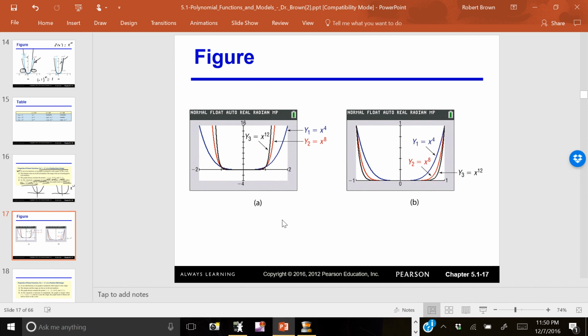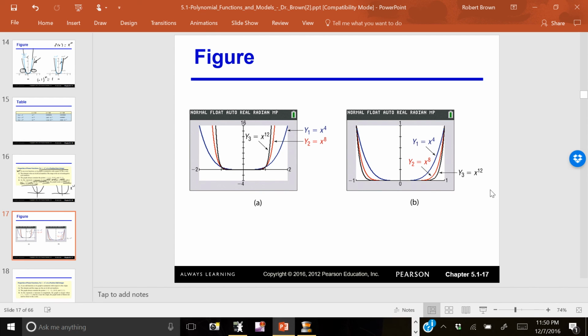Here are some examples. Y1 equals x to the fourth, y2 equals x to the eighth, y3 equals x to the 12th. You can put all these in your calculator and see what this looks like.